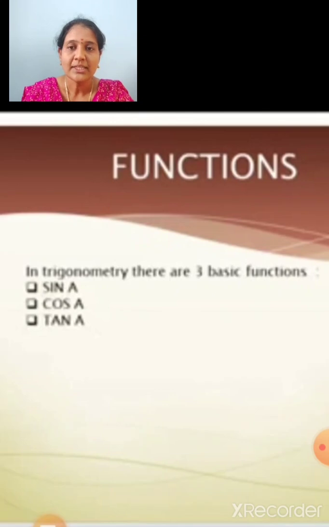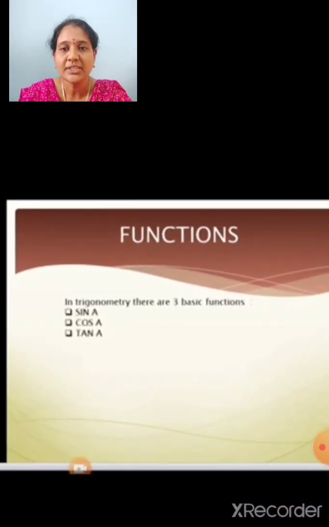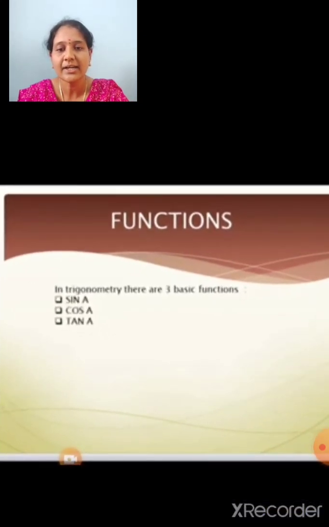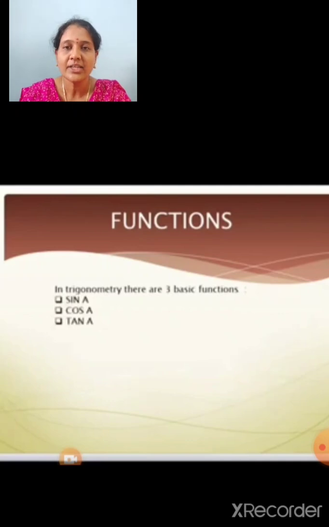These three have reciprocals also, children. Sin reciprocal is cosecant, cos reciprocal is secant, tan reciprocal is cotangent, that is cot. You have to write down in your notebook, children, very important.